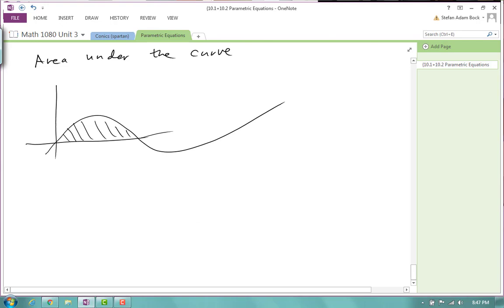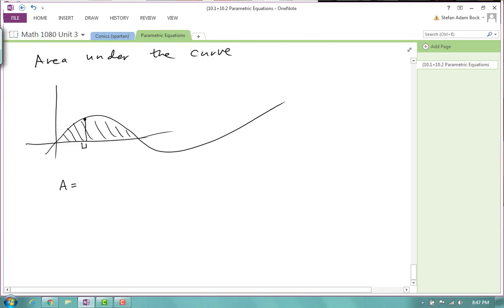Well, we found a little change in x, and we multiplied it by a height, right? But what we're doing now in parametric is my x values are now a function of t. And so I have a little bit of chain rule built in, because my change in x corresponds to a change in t, and everything is a function of t.